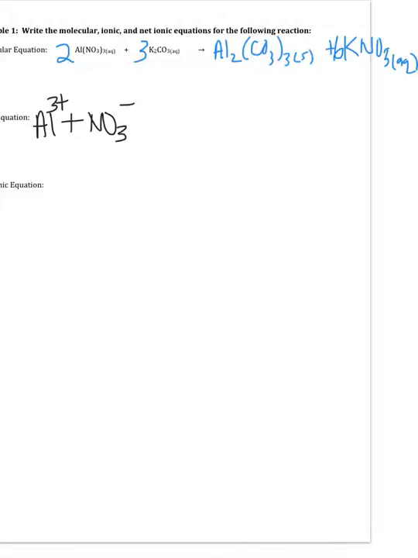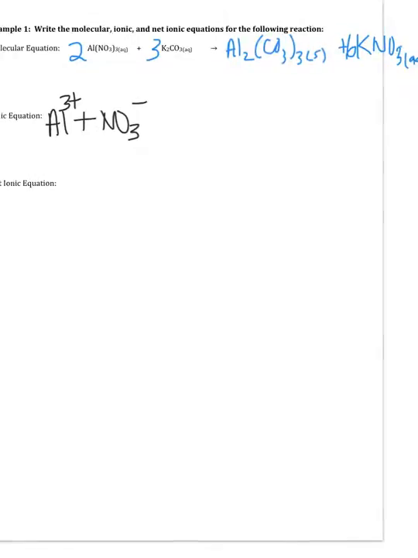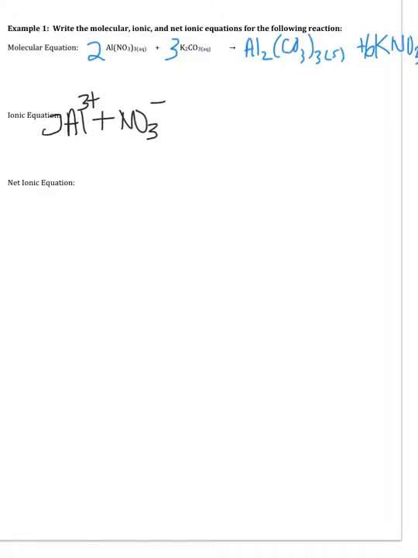So in our balanced chemical equation, there are 2 aluminums, and then there are 6 nitrates. 2 times 3 is 6. So we're going to turn all of that into a coefficient of 6. Then label each ion with a little aq.